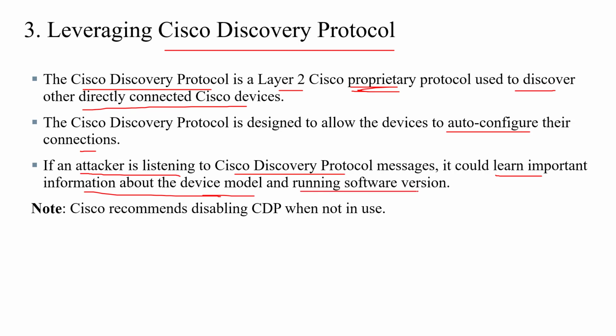What is the operating system running on it? So much information the attacker can get. How many devices are available? Where are the devices installed? Plenty of information the attackers can get. So this is the second problem in local area networks, because of CDP, Cisco Discovery Protocol.